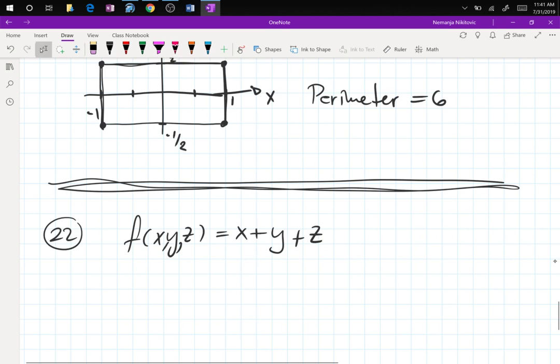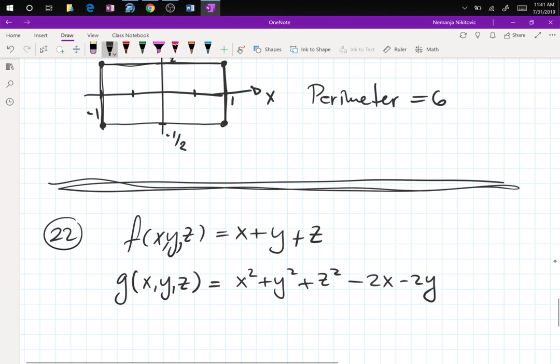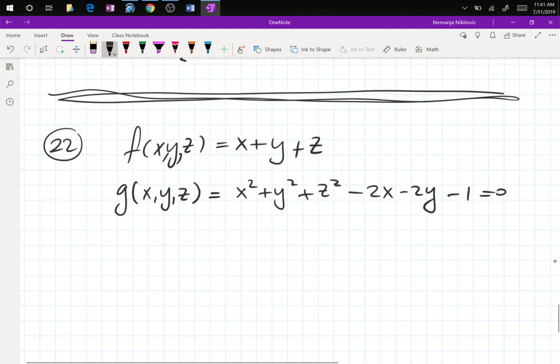And you go, ho, ho, ho, 1, 1, 1, easy. Hold on. G of x, y, z is x squared plus y squared plus z squared minus 2x minus 2y minus 1 equal to 0. Good. So here are our 2 equations. Now we know the procedure.